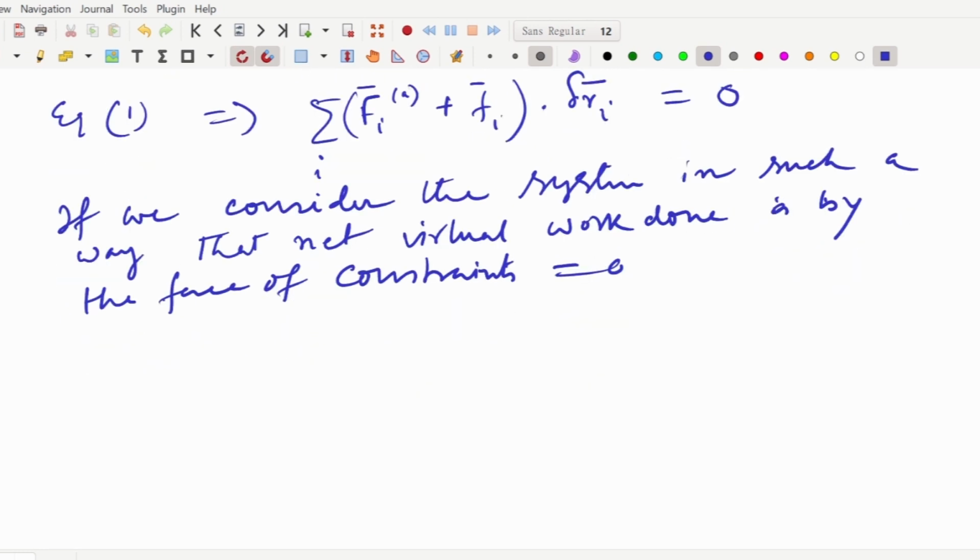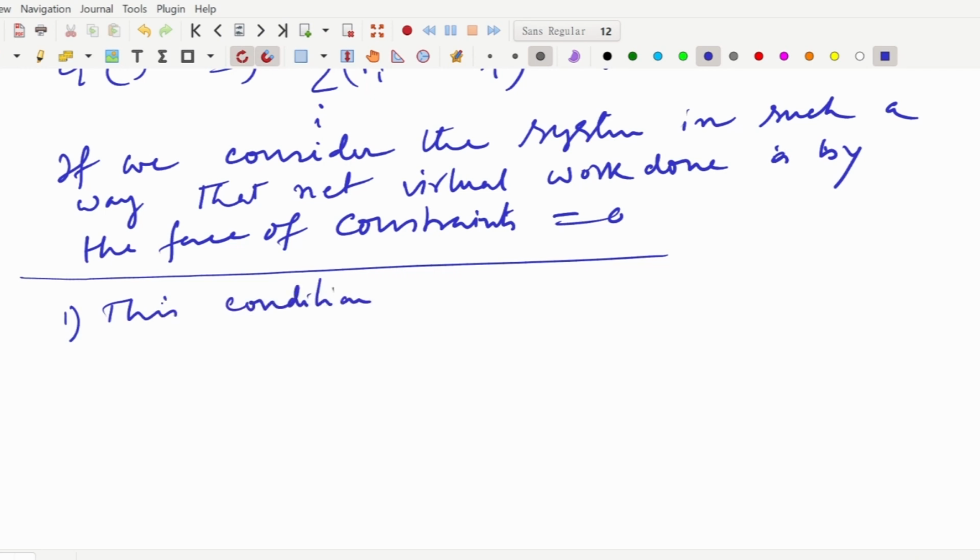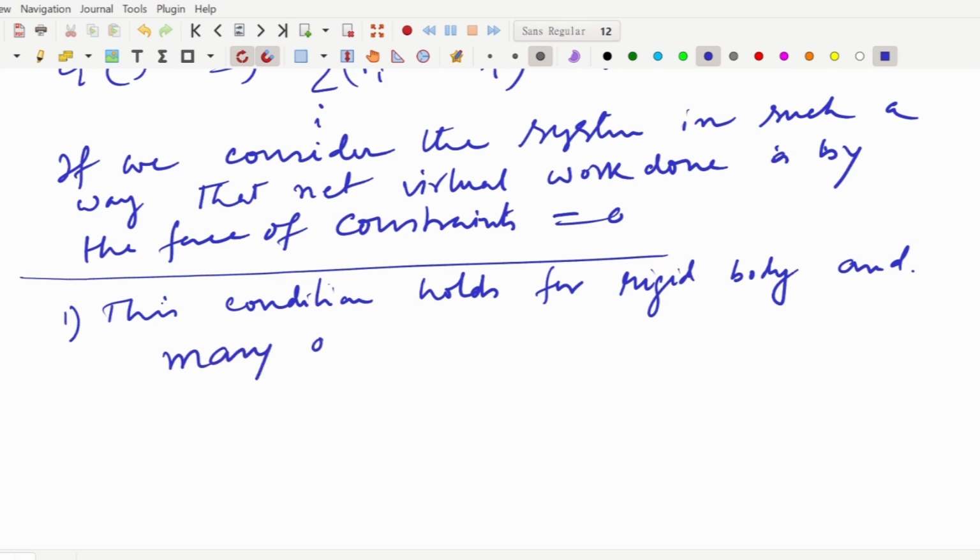You can ask where this kind of condition holds. This condition holds for a rigid body and many other systems. So this will be put as a condition that the virtual work done by all the forces of constraint is equal to 0.